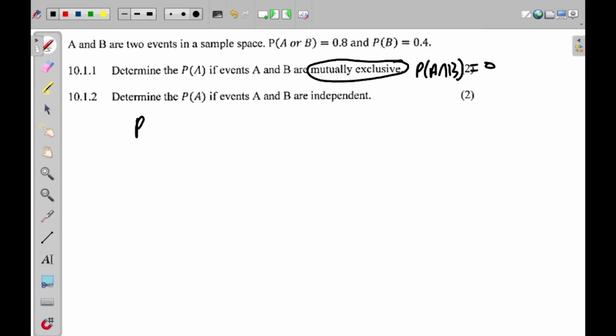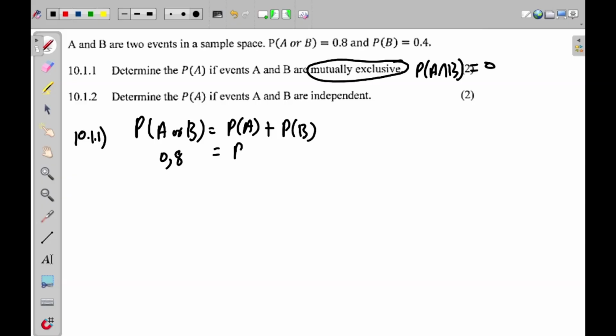So for 10.1.1, my formula would be as follows. Probability of A or B is equal to probability of A plus probability of B minus a 0, and I'm not even going to bother myself and put a 0 there. I know probability of A or B is 0.8.